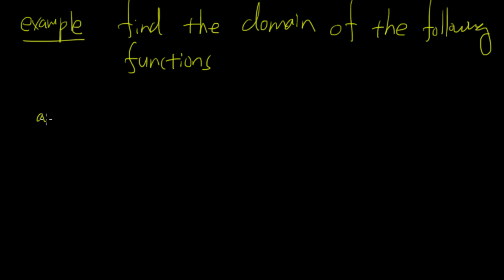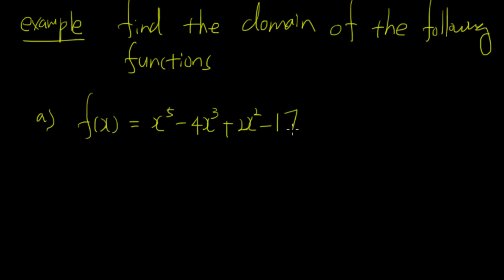All right, the first one, f of x is going to be x to the fifth minus 4x to the cube plus 2x squared minus 17. Just made it up. You can see that there's no x value that we cannot use here because nothing will give you trouble.